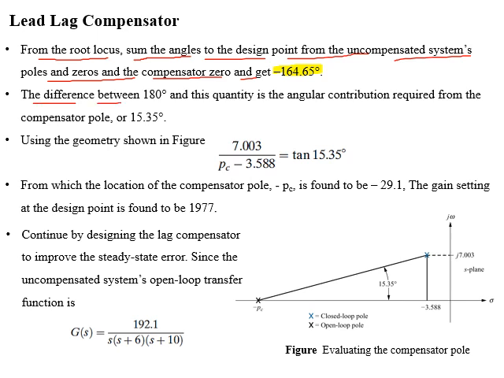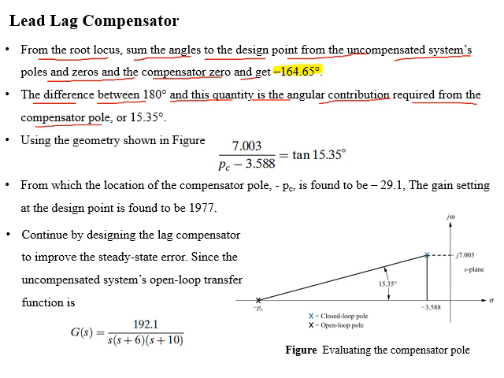We will calculate its difference with 180 degrees by using the relation that the sum of angles of zeros minus the sum of angles of poles is equal to an odd multiple of 180 degrees, because this criterion must be fulfilled to include this point in the root locus.